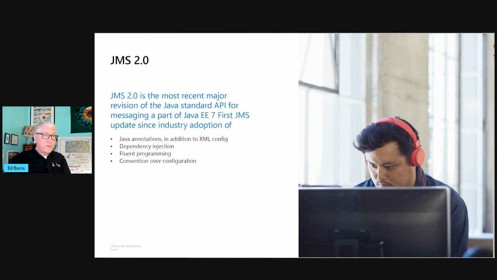But 2.0 was the first major update since the industry adoption of some very important practices: using Java annotations in addition to XML config, using dependency injection as a way to wire up your business logic with the infrastructure in which it runs, and fluent programming. That is an API design style where you have long method chains, and I'll have an example of that in the following slides.